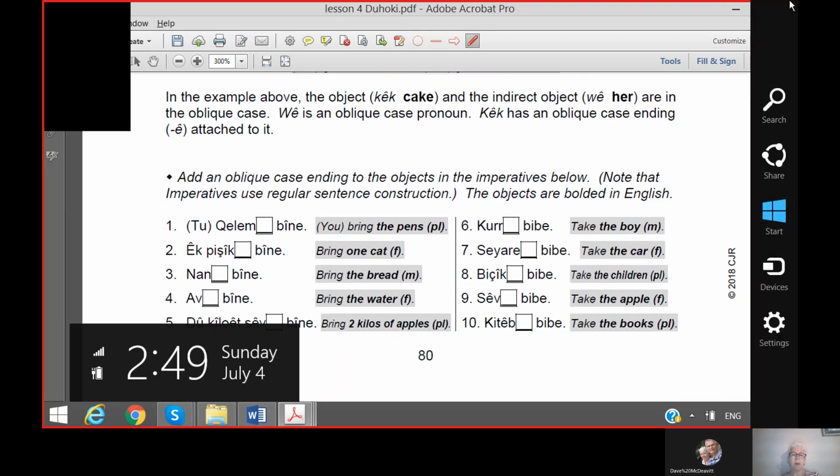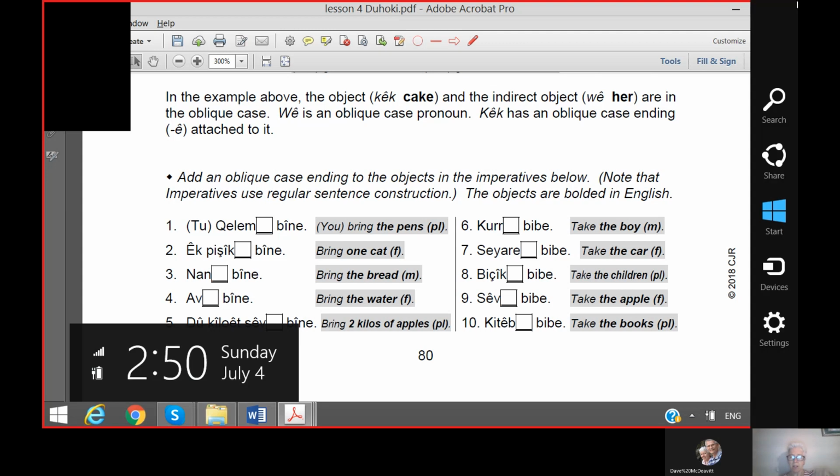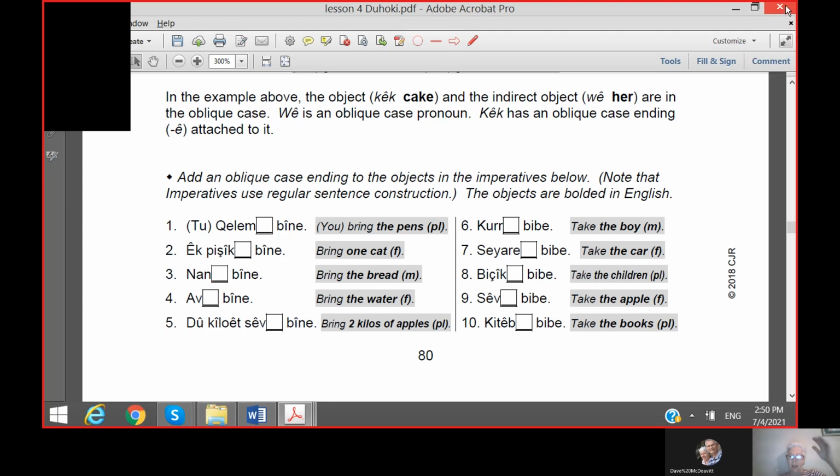So in the exercise at the bottom of page 80, you're going to add an oblique case ending to the objects in the boxes there. Note that imperatives use regular sentence construction, and the objects are bolded in English.